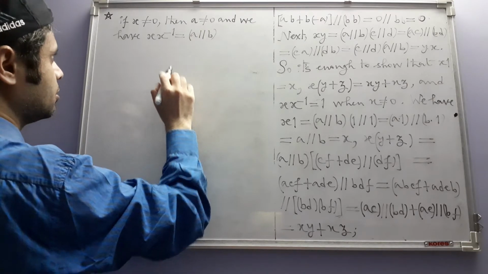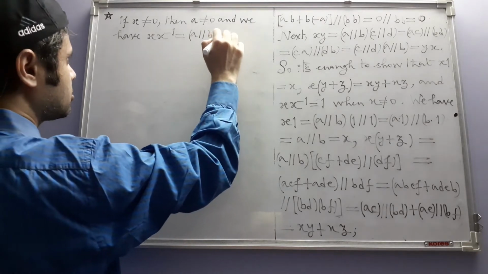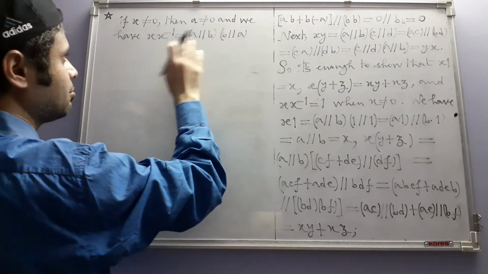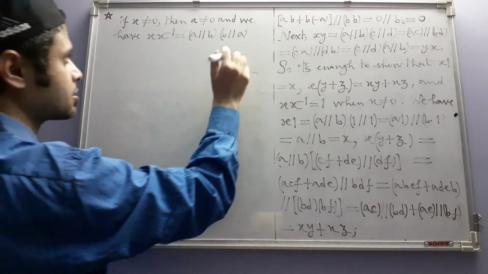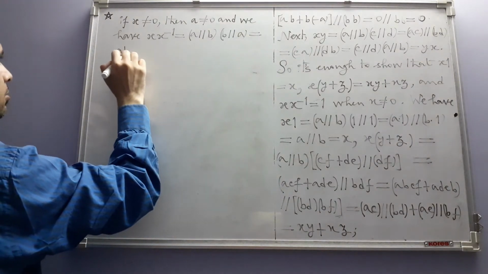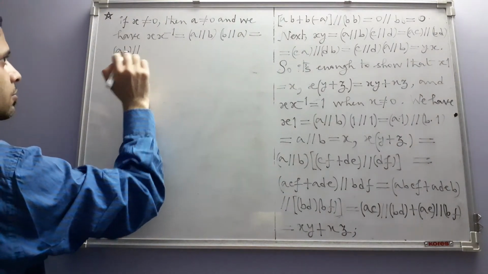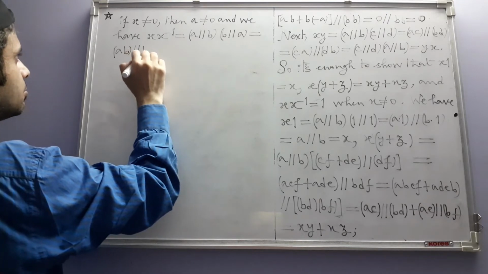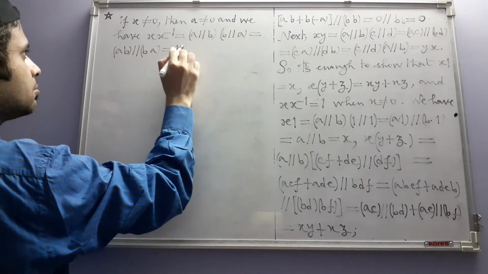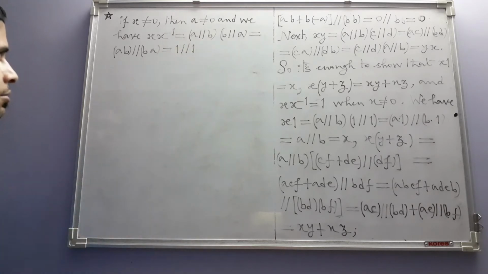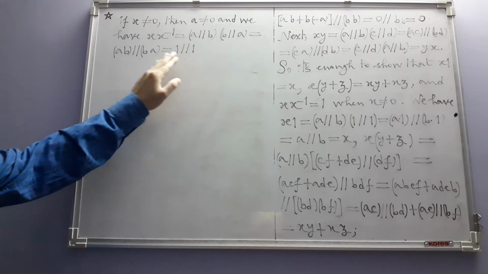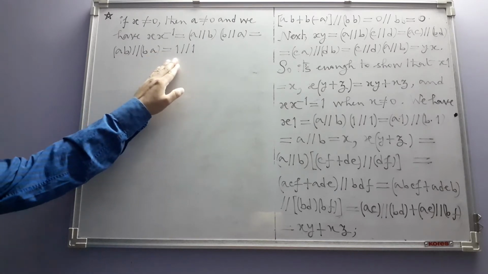If it's non-zero, then its inverse is obtained by interchanging the components, which we have already seen in the definition of inverse. So by the definition of multiplication, this is AB by BA, which is nothing but 1 by 1, because AB times 1, which is AB, is equal to BA times 1, which is BA.